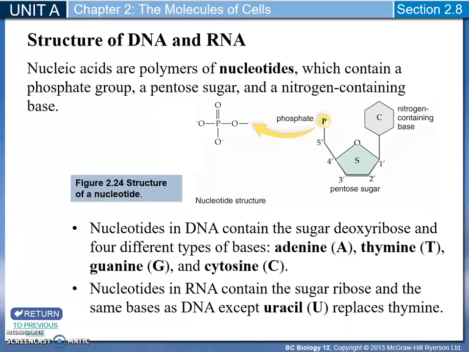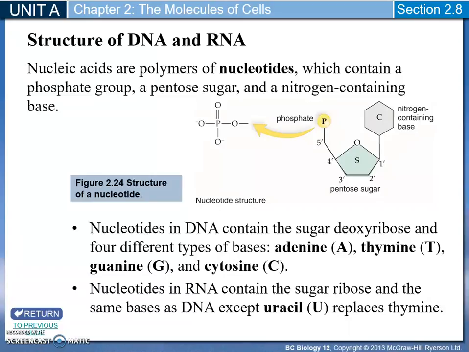So nucleotides in DNA contain the sugar deoxyribose and four different types of bases. And so we see only adenine, thymine, guanine, and cytosine. But the order in which we see them is what gives them their characteristic function.